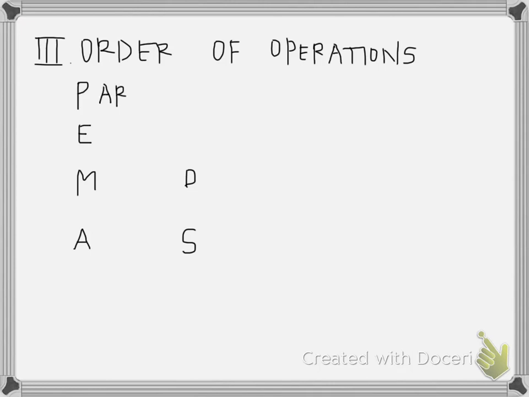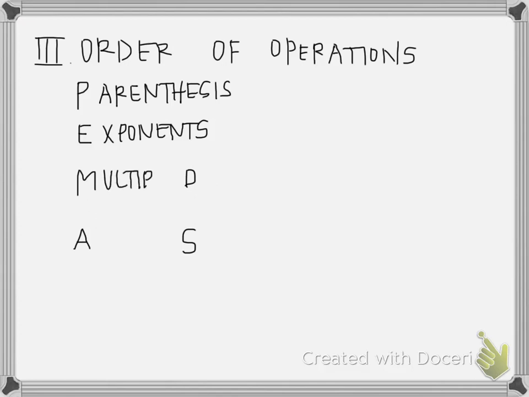So anything inside of parentheses you will simplify. Okay, the E represents exponents. Okay, the M would be your multiply. The D would be divide. The A would be addition.